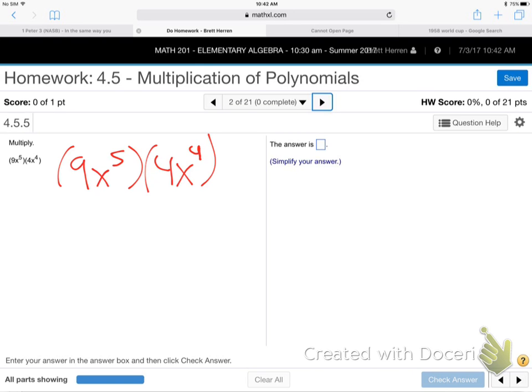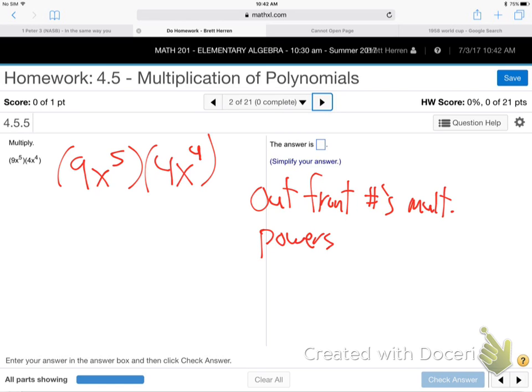All right, so remember multiplying letter type things? How do we do it? What's the rule when you multiply number letter situations? Let me help. Out front numbers multiply.